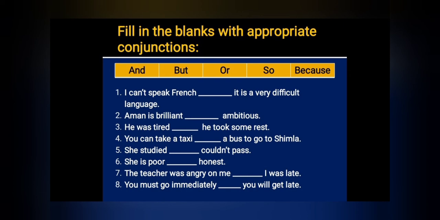Seventh sentence here is, the teacher was angry on me dash I was late. Last is, you must go immediately dash you will get late. So read these blanks now and fill in these blanks with appropriate conjunctions. Take your time.